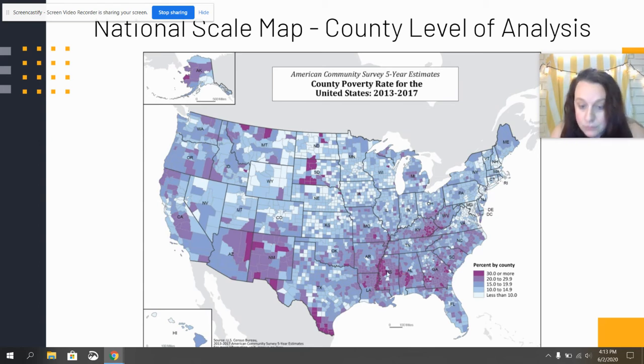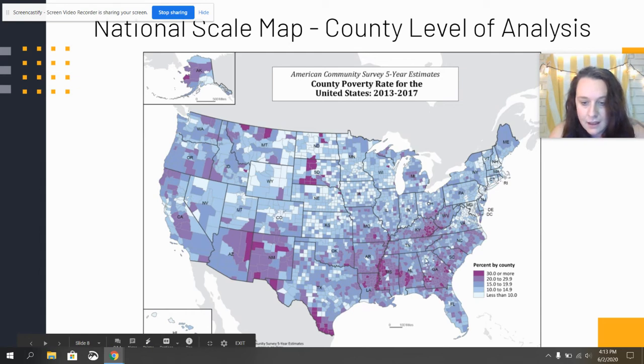If I were to zoom in even closer on this map to look at Mississippi, Alabama, Arkansas, Louisiana, excuse me, you can see that there are certain counties that are really plagued by poverty. And then there are other counties in this lightest blue color that seem to have less than 10% poverty rate.